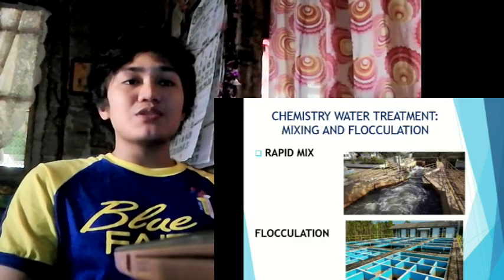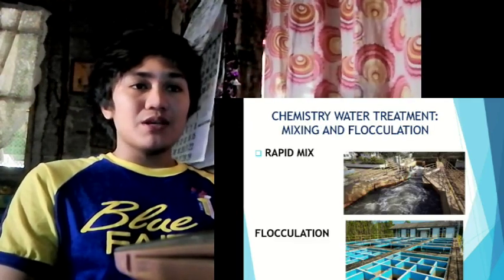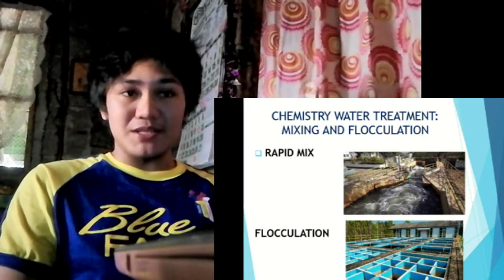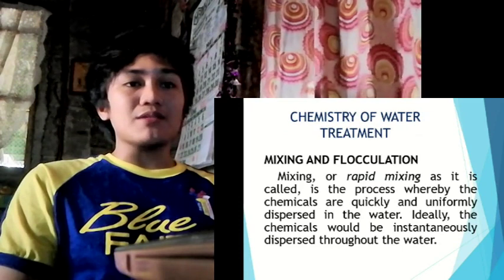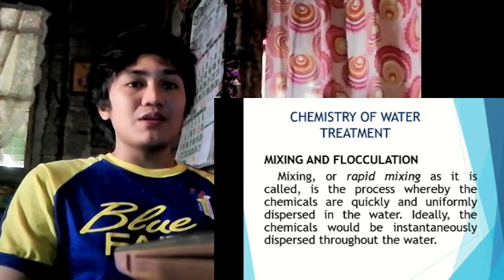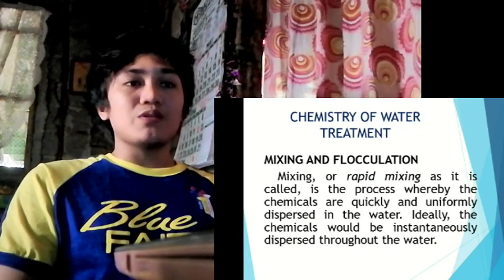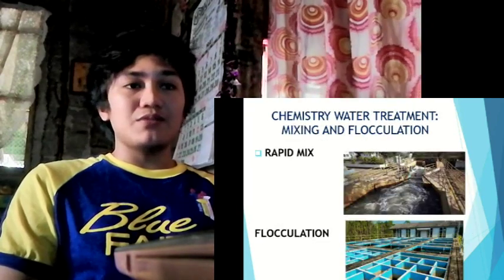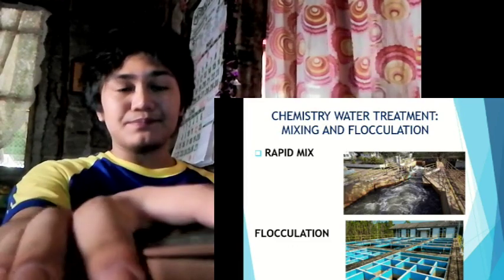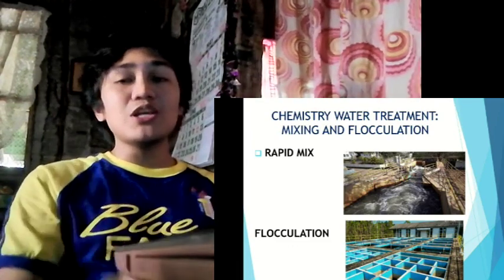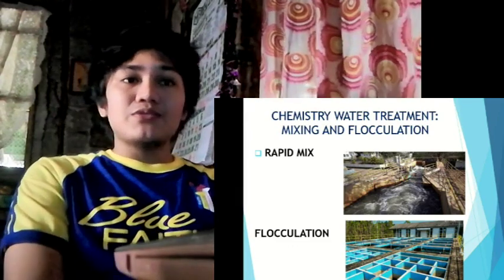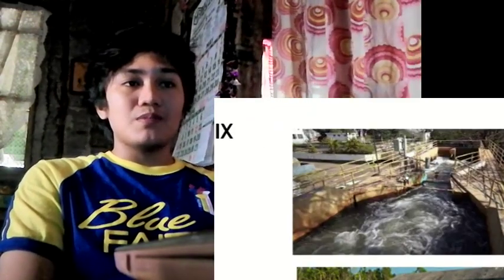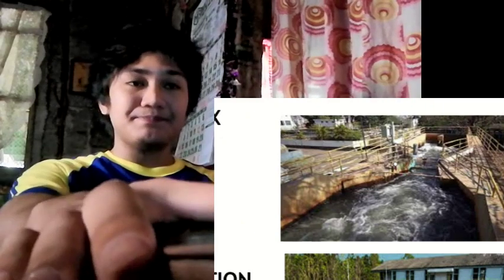During coagulation and softening, the chemical reactions that take place in rapid mixing form precipitates: aluminum hydroxide or iron hydroxide form during coagulation, while calcium carbonate and magnesium hydroxide form during softening.